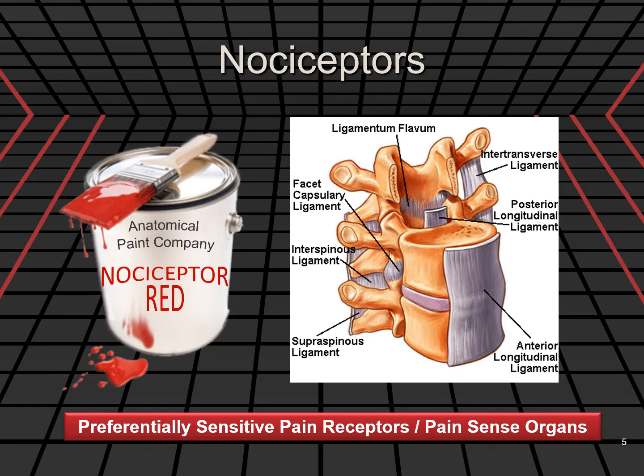So we'll just pick a ligament over here. We've got this interspinous ligament. I'm just going to color that in red a little bit. Anything that overloads this ligament is going to stimulate the nociceptors and create a localized back pain on the right side, which is where that is located. And that would be true for any of those ligamentous structures and any of the muscle or fascia, really any of the soft tissue structures. If there's any disruption, it will be interpreted as localized back pain that's being mediated by the localized nociceptors.